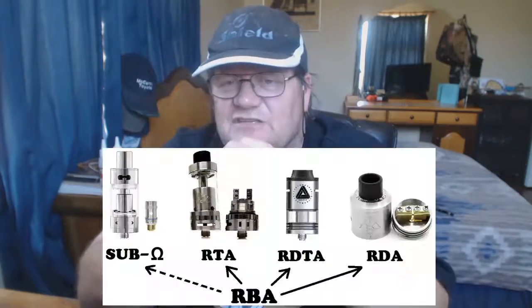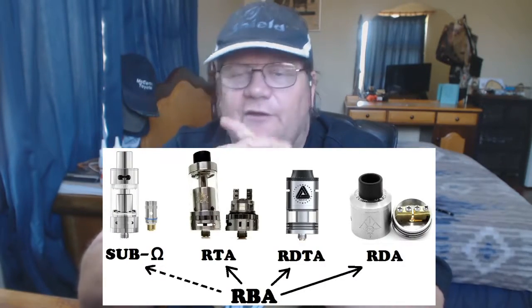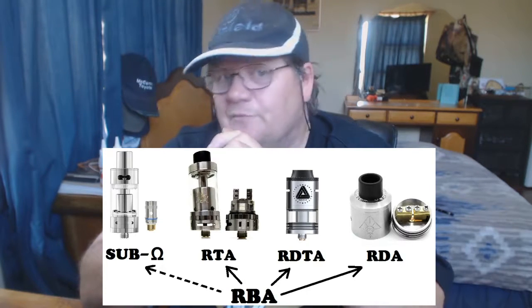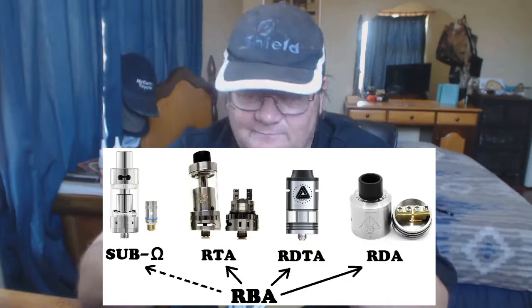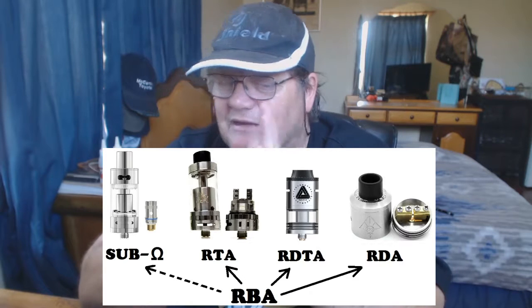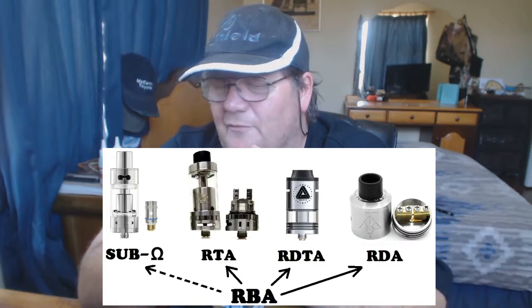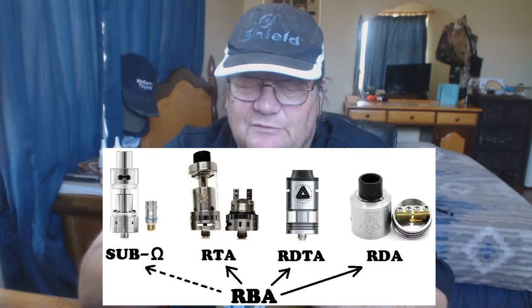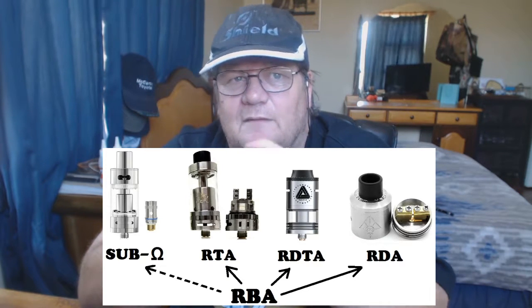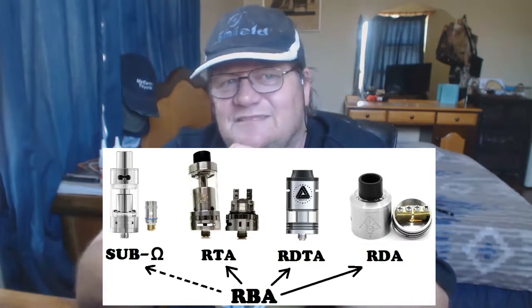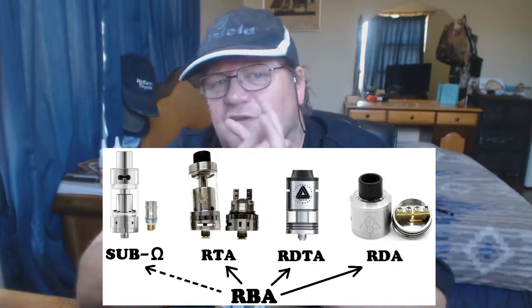The second tank which you get, which I've got on my sketch, is the RTA. Now I don't have an RTA as well. I'm a dripper guy, I'm an RDA guy. I had RTAs in the beginning, but in RTA the R stands for rebuildable, the T stands for tank, and the A stands for atomizer.